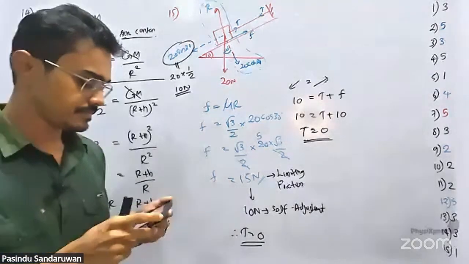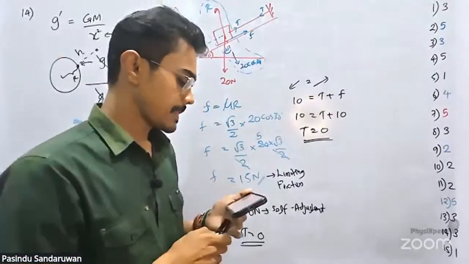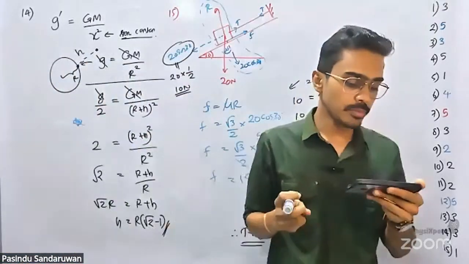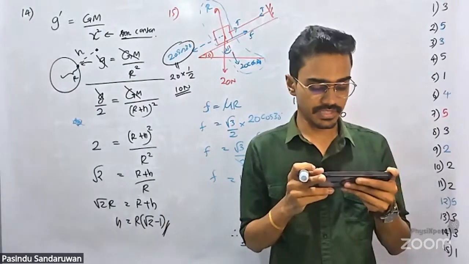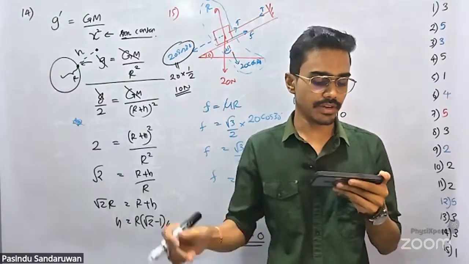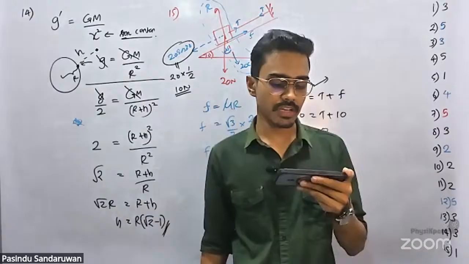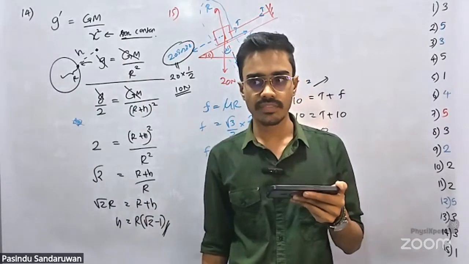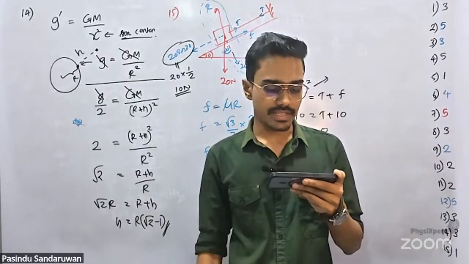Question 16. Humidity. Relative humidity of the atmosphere is 50% at 30 degrees Celsius. The temperature is increased instantly up to 35 degrees Celsius, and addition or removal of water vapor did not occur. So if there's no addition or removal, the pressure remains same.